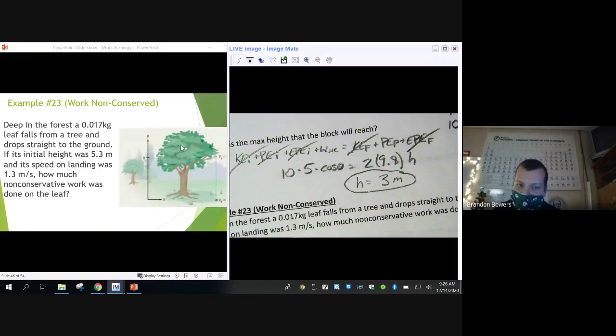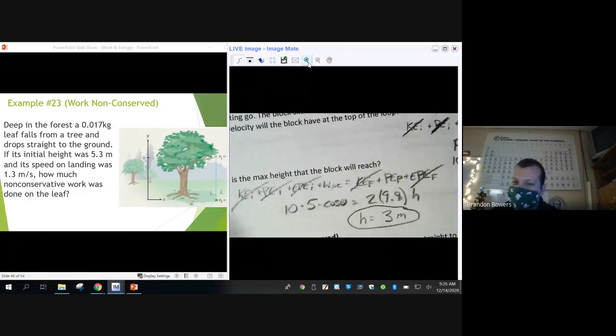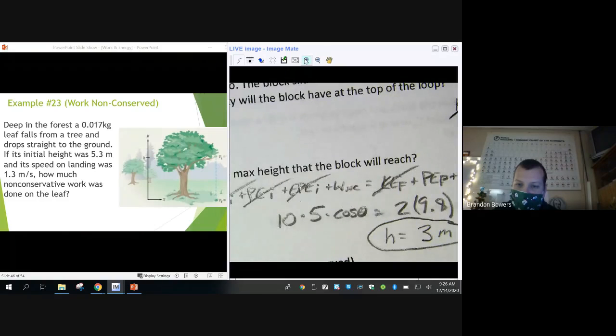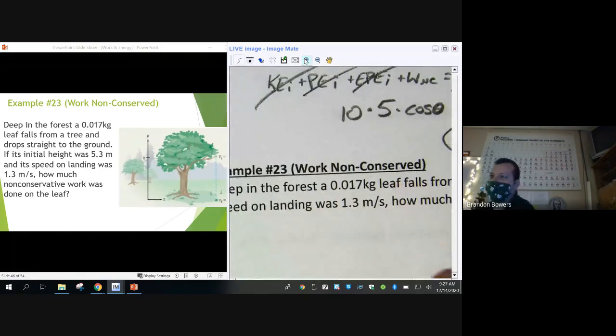Let's do another one. I'm going to leave the picture up there. I thought it'd be easier if I could zoom in on this so you could see it a little better. All right, zoom out.